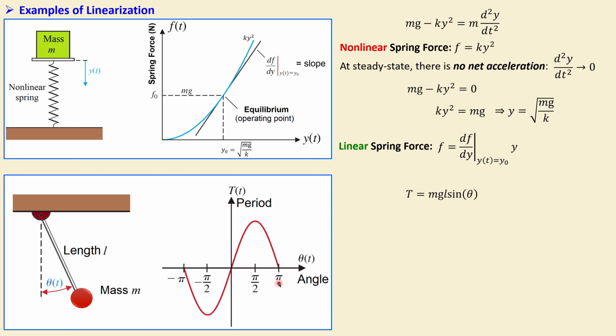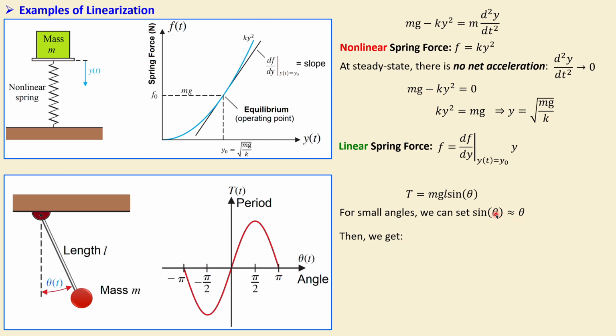Okay, what happens then if I look at this dynamic system? Now the equation of motion, or the torque formula, is that torque is equal to mgl sine theta. Now for small angles, this function can be linearized around the origin as close to theta.